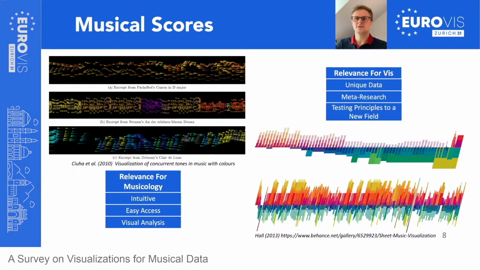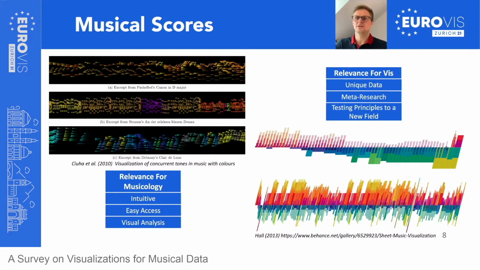On the other side, bringing more visualization principles to the music scores benefits musicology. While a note sheet is easy to use for a skilled musician, especially beginners and domain-external people struggle with this rather unintuitive design. Visualization in general has shown to be able to give a quick and easy access to complex data.